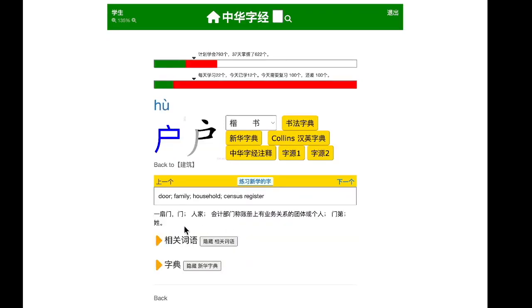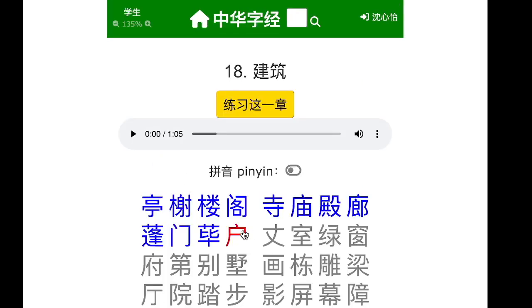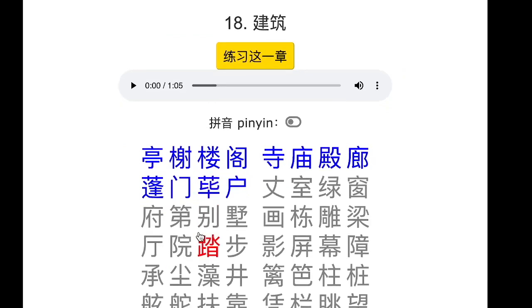Hu can also mean a door, similar to men, or a family or household, when they take the census and register each household. So, 门户 together, because each of those words has those meanings. 门户 is a door, a gateway, a portal, a faction, a sect, or a family. 门户 is often also used to refer to a family's status.